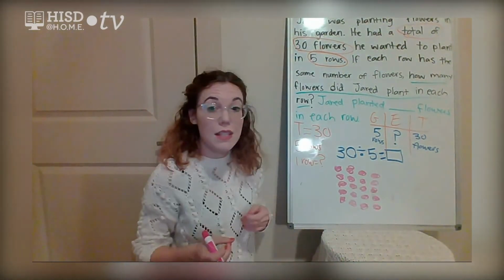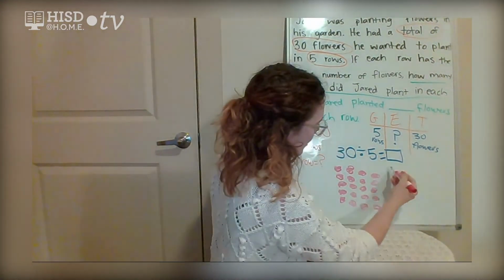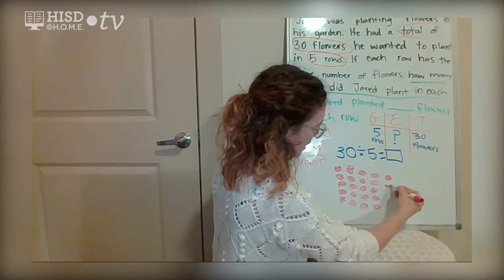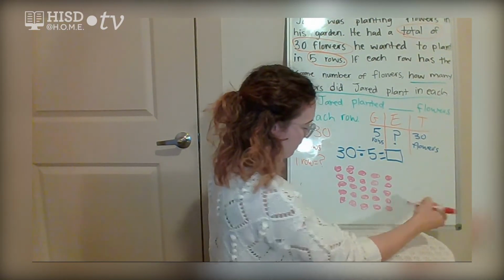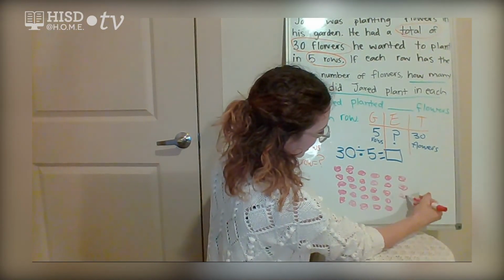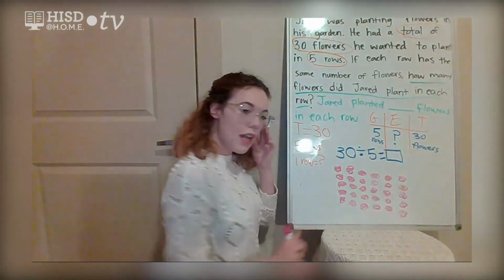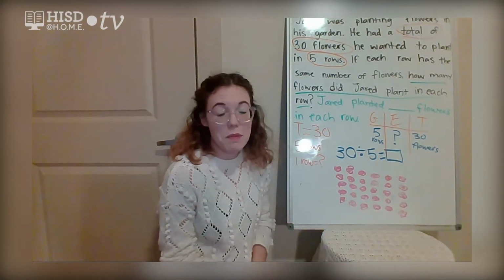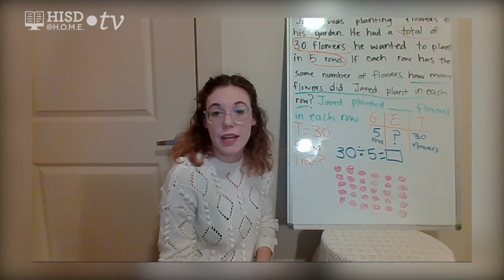I don't know if you guys noticed this, but we're skip counting by fives. 21, 22, 23, 24, 25, 26, 27, 28, 29, 30. And now, my array doesn't look perfect, but if I was actually planting this, I would make sure it was nice and neat and organized.